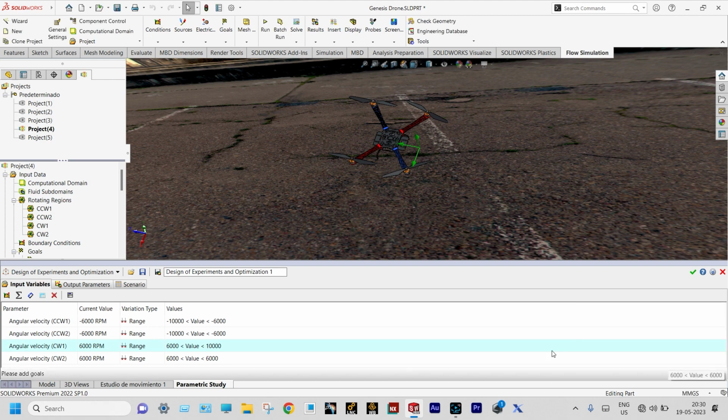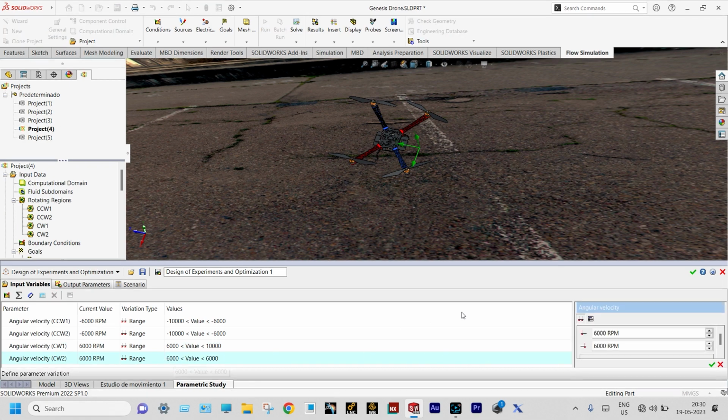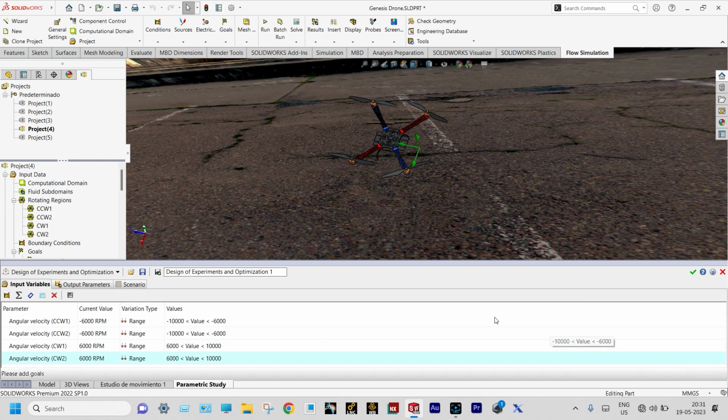Done. And the last one also, this is for also clockwise rotation of the second rotor. We can specify this one again, 6,000 to 10,000 RPM. Done. Selected. Now what we have to do is we need to select output parameters.